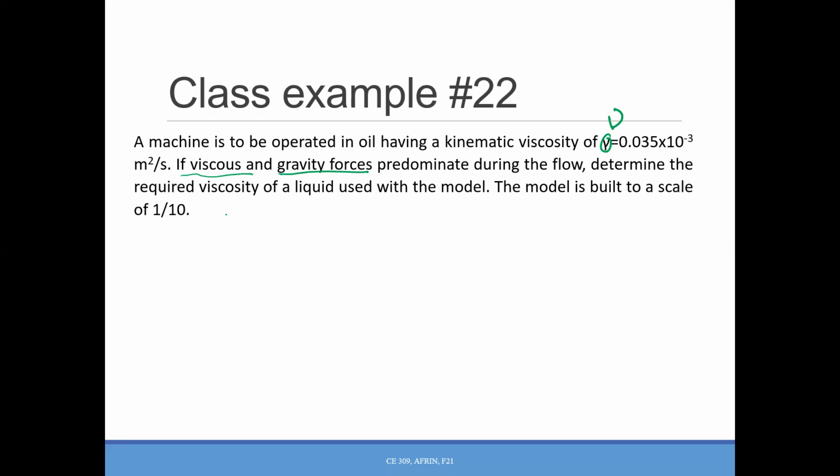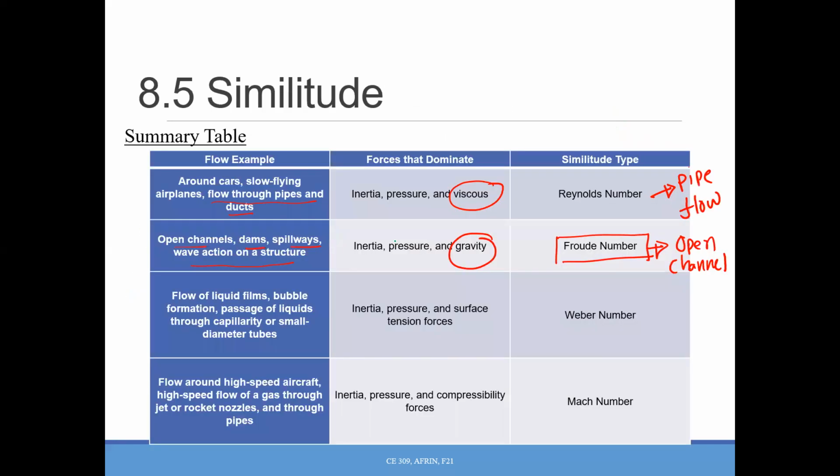That means for gravity force, we already know that we need to use Froude number. For viscous, let's check the table for viscous, which force we need to use. For viscous, we need to use the Reynolds number.